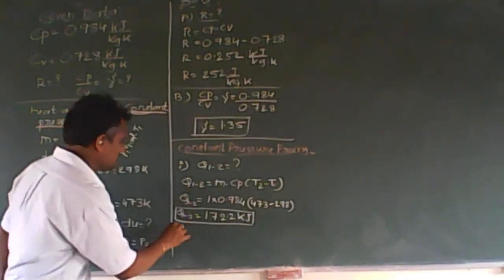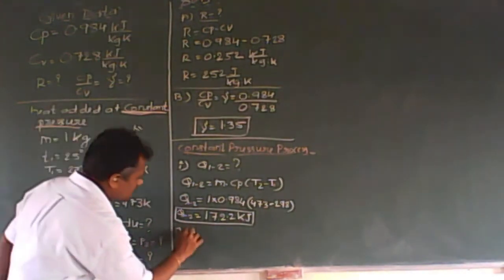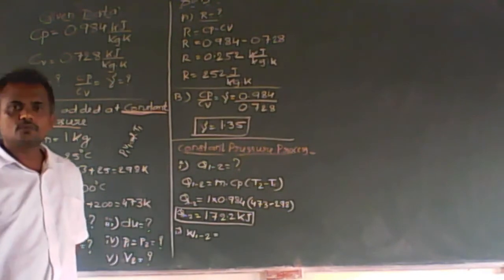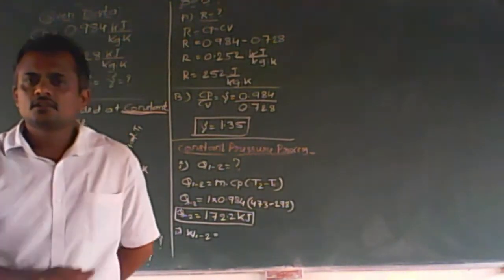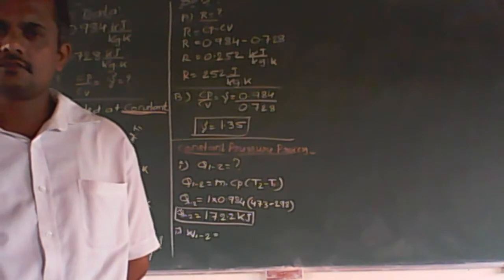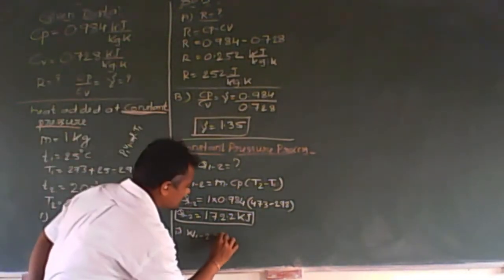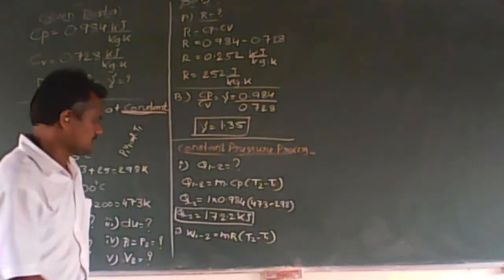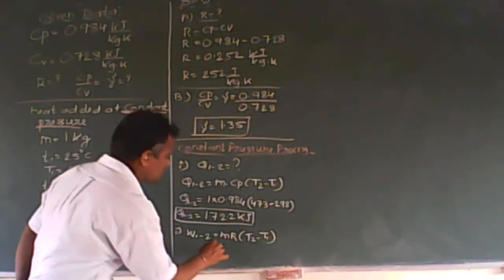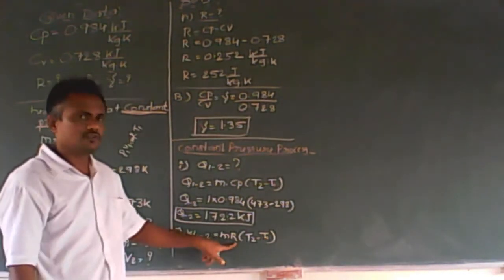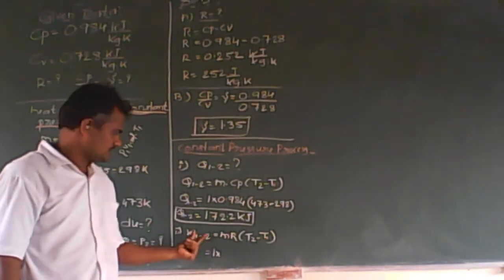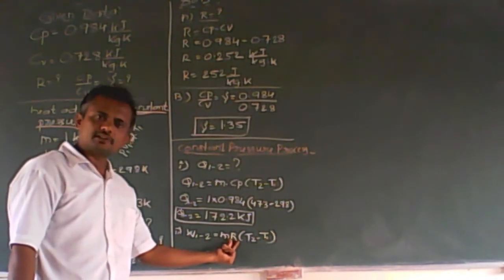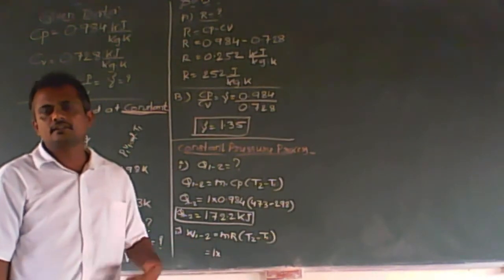Afterwards I have to calculate the second value, that is work done. Work done during the 1 to 2 process is a common expression which you have to remember: m into R into (T2 minus T1). M is 1, and while substituting the value, if you take joules per kg Kelvin, then it will become joules. If you substitute it as kilojoules per kg Kelvin, you will get the work done in kilojoules.